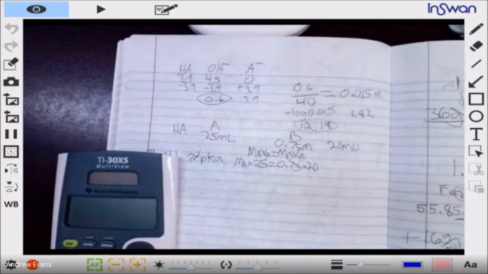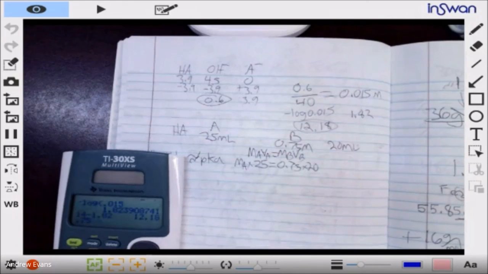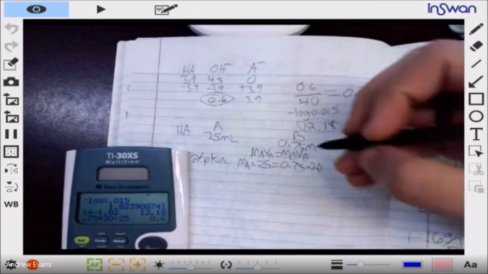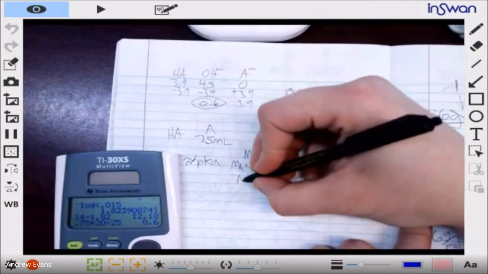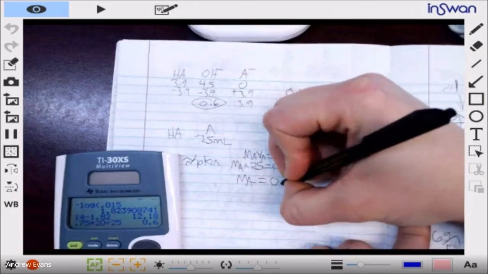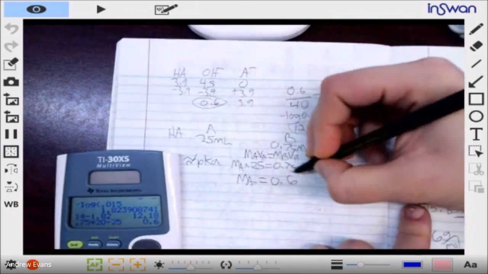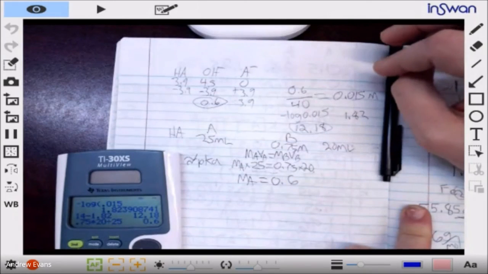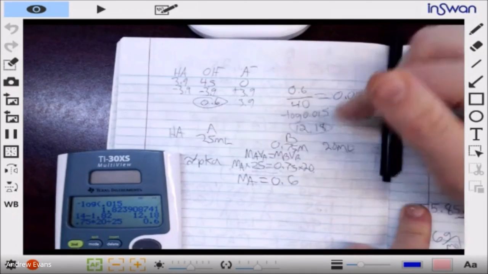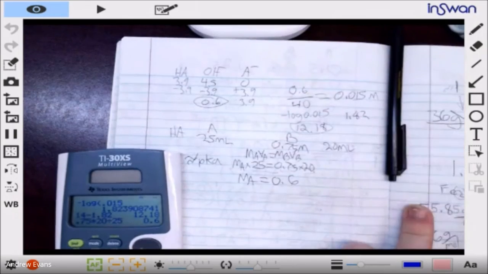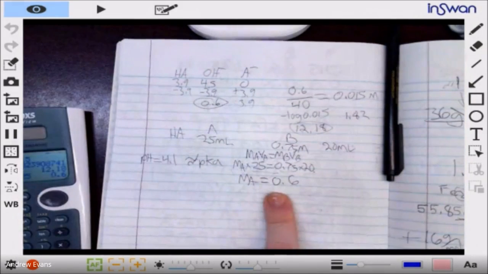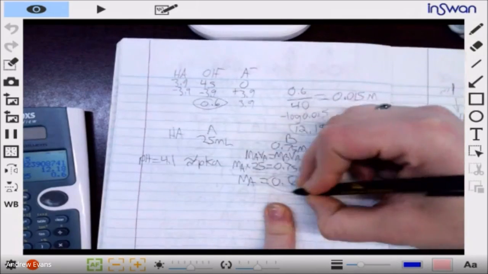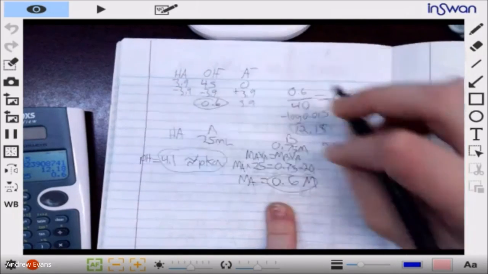So 0.75 times 20 divided by 25 gives us the molarity of acid, which is 0.6. That's this times this divided by that. So those are the two things you can find: the initial concentration of acid and the pKa.